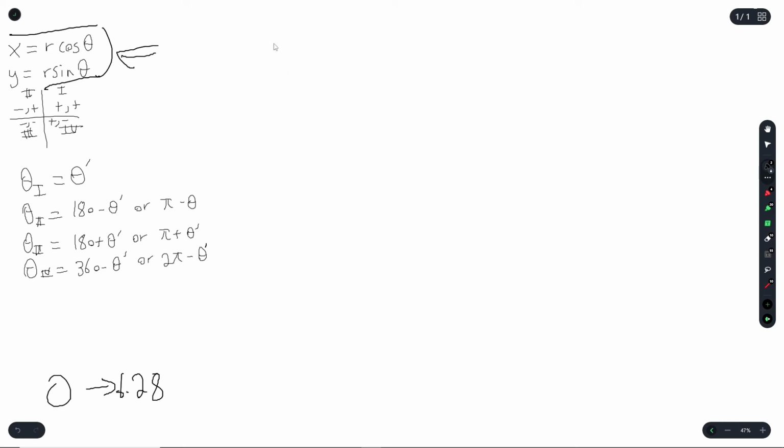Next question is question 62. So question 62 is asking for the same thing. So we have r is equal to negative 2 sine theta. So we multiply both sides by r. So it will become r squared is equal to negative 2 r sine theta.